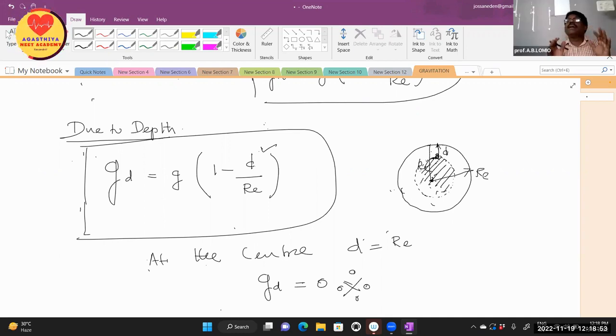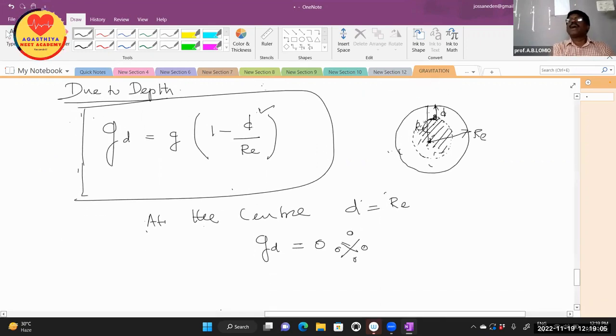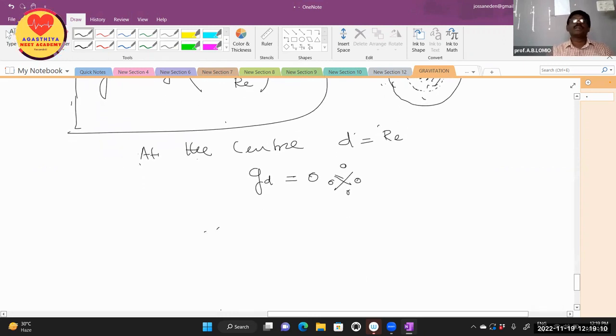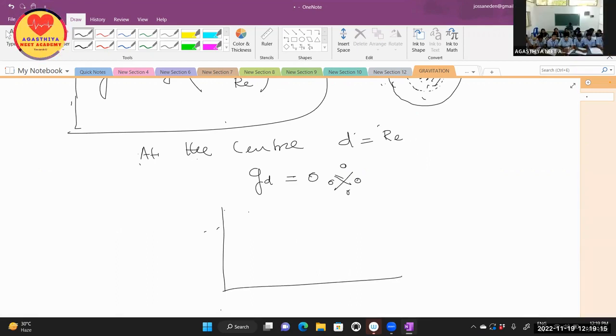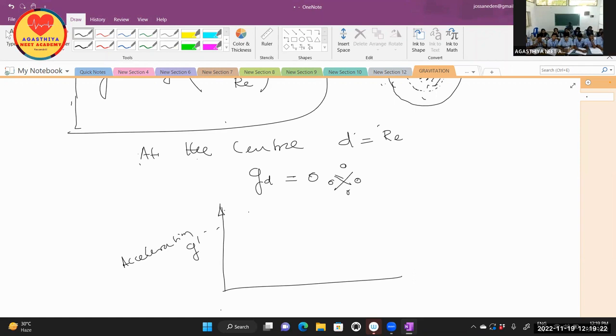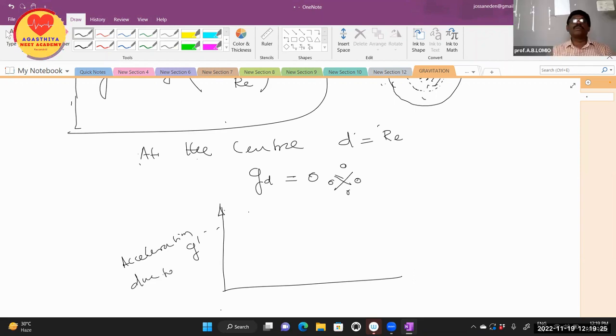Now we can analyze the variation of acceleration due to gravity with respect to the altitude and the depth, how it varies in terms of distance. The variation can be plotted in a graph. Say g dash is the acceleration due to gravity on the vertical axis.